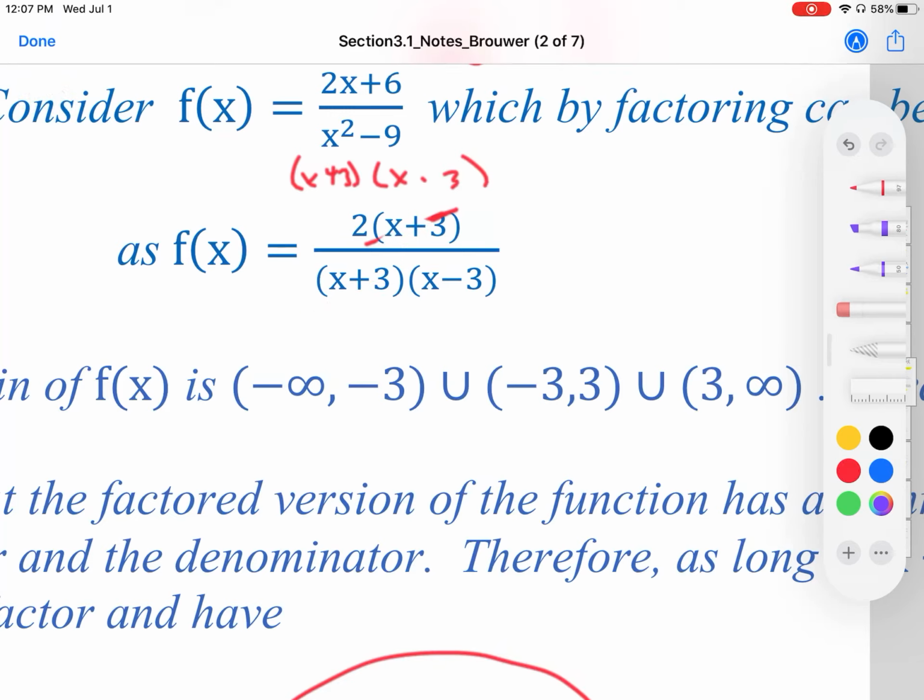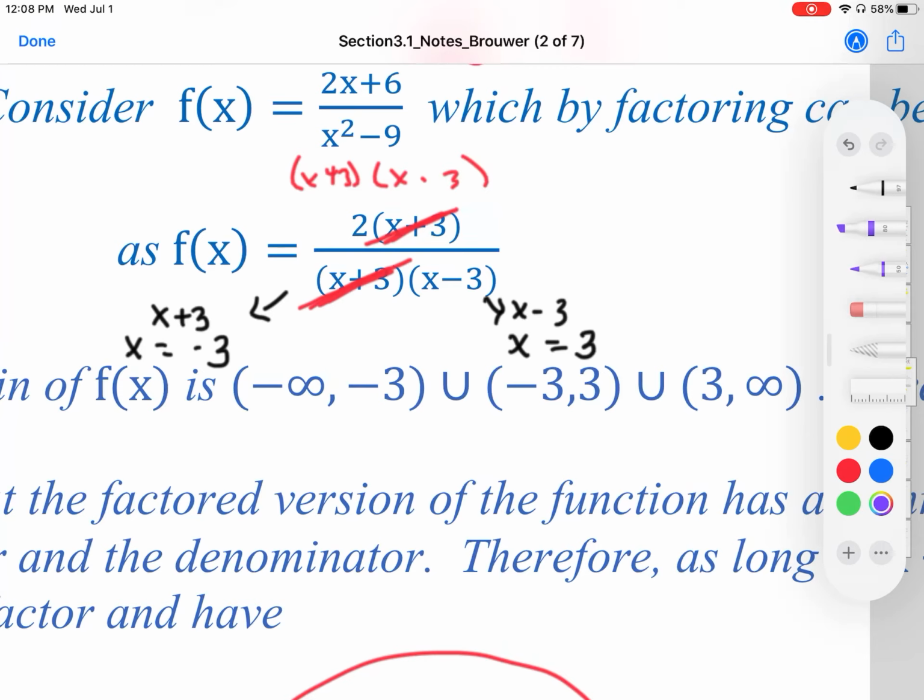So we have these denominators, x plus 3 and x minus 3. They produce x equals negative 3 and x equals 3.